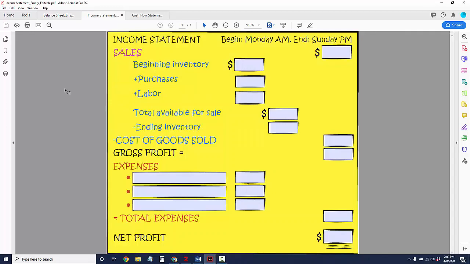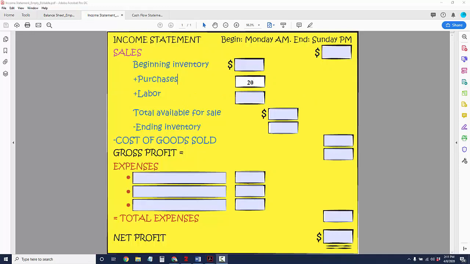Next, let's look at how this transaction affects the income statement. Remember, we bought $20 worth of ingredients, $10 we paid in cash, and $10 was charged to our account at the grocer. So this is the first transaction that will actually affect the income statement here under purchases. Okay, so we have $20 in purchases.